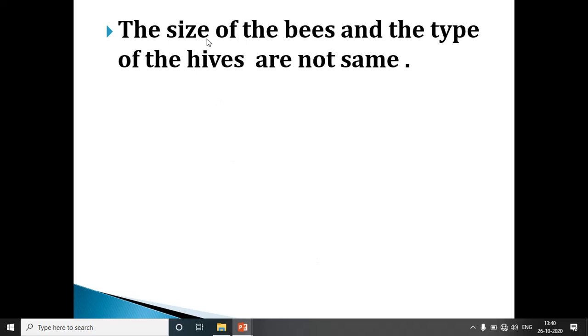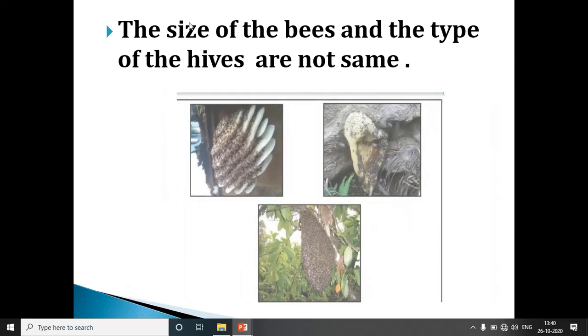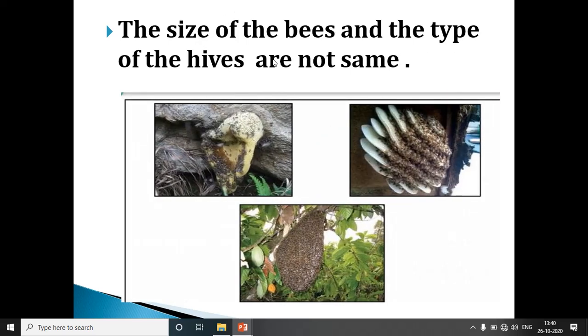Now, the size of the bees and the type of the hives are not the same. The honeybees are very small, but there are different types of hives. Here you can see in the picture there are different types of hives.